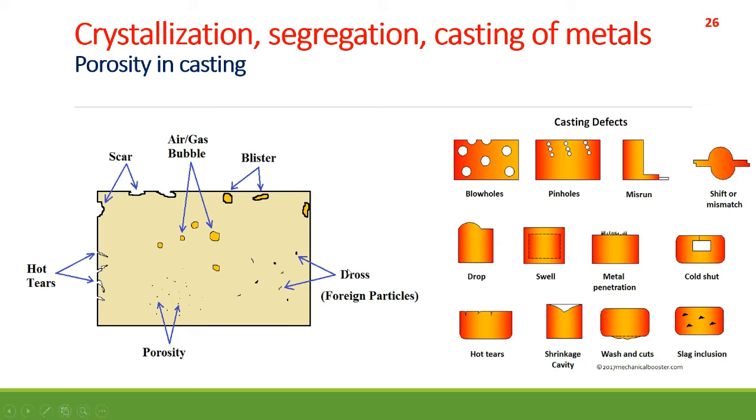And these are foreign particles, that I just said, inclusions. And this is porosity. Porosity means pores, which we just discussed in the system. And these are hot tears. Hot tears means hot spots, the metallurgical defects.